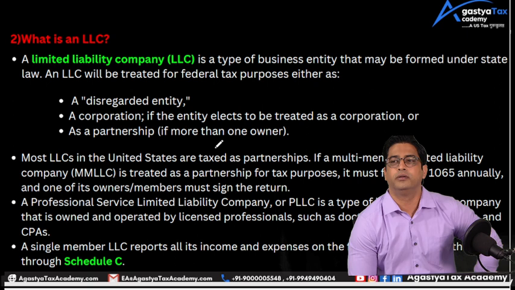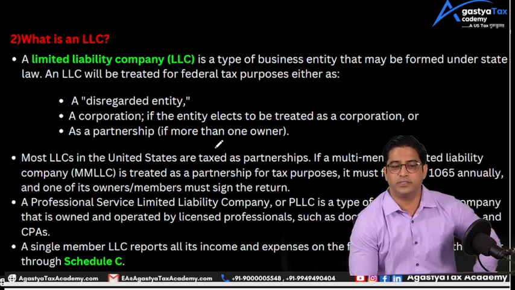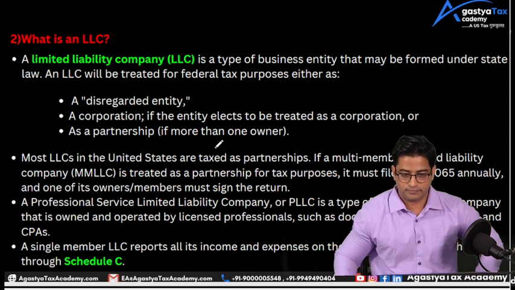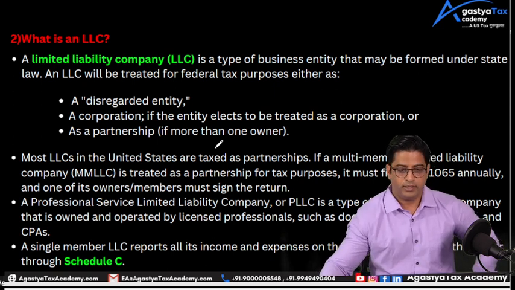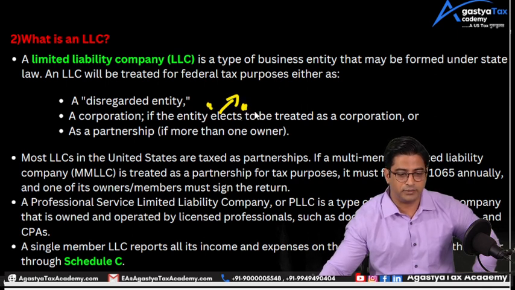Second point, a corporation. After corporation, comma, if the entity elects. Please write 'elects' in a different color. The entity elects; elects means making an election.